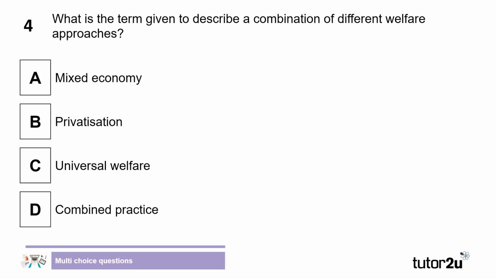And the correct answer is A, a mixed economy. This is where there will be private welfare, state welfare, and also welfare from the voluntary sector, as well as individuals relying upon informal welfare from friends and family. It is more common in contemporary society that there is a mixed economy of welfare approaches.